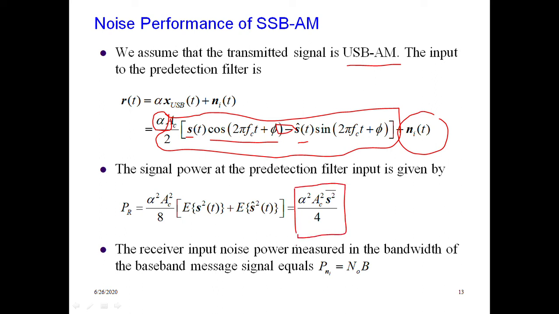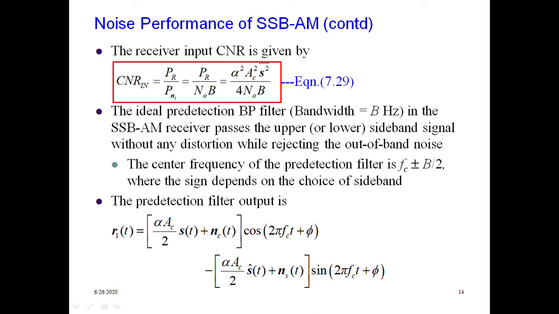Again the Pn, which is the power of the noise, is measured by N naught B, only one side. Alright, so we substitute the PR and Pn. This is the value of PR, and this is the value of the power of the noise.